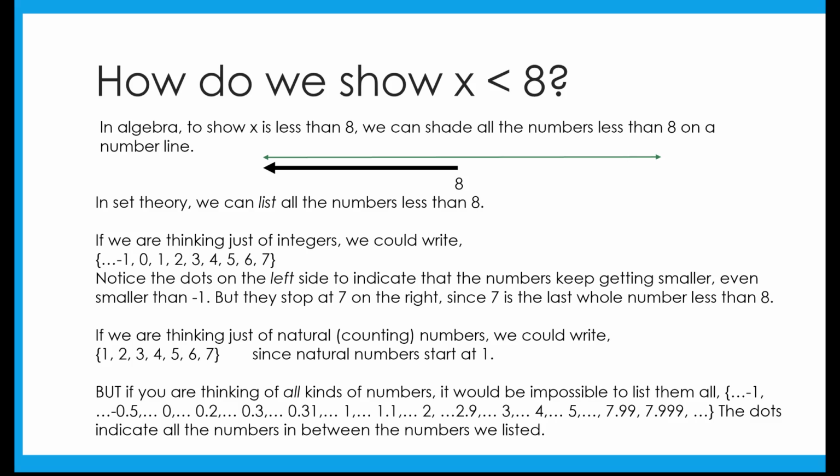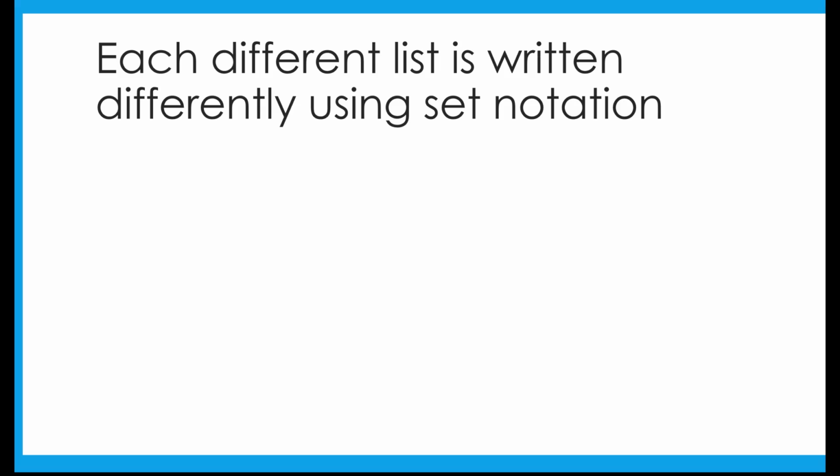You would have numbers lower than -1, that's the dot, dot, dot on the left, but then all the numbers in between every single number. So in between 1 and 2, you have all of those decimals and fractions. And so actually it's an infinite list and it's impossible to list.